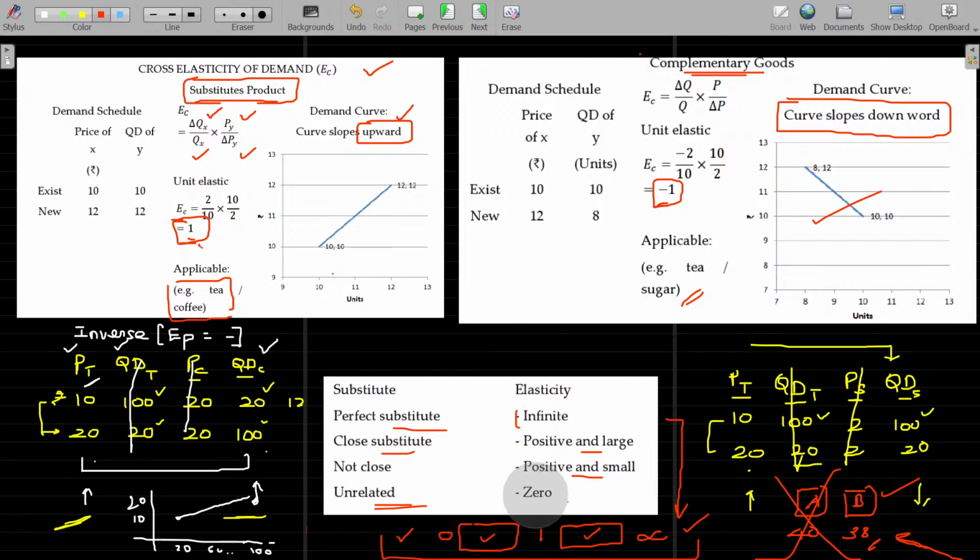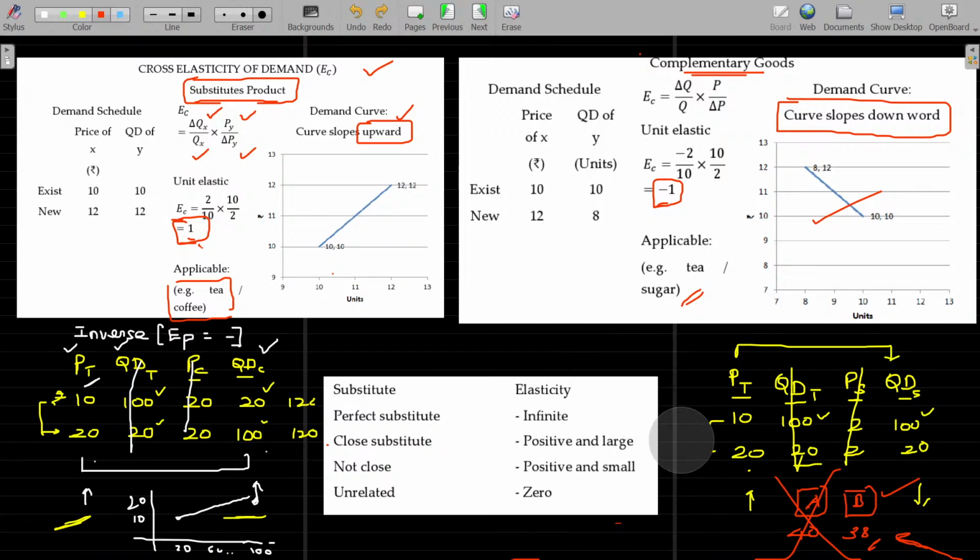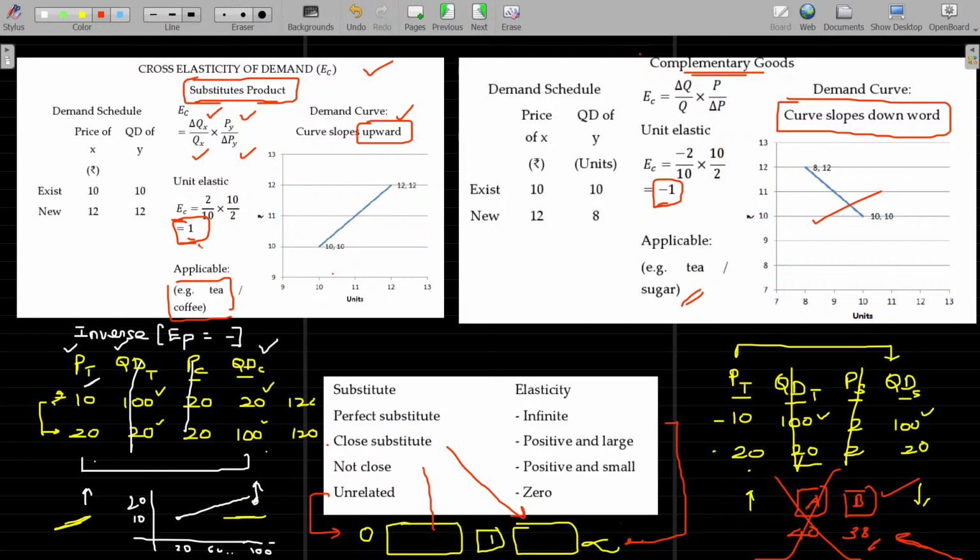The elasticity of demand with respect to the price of the other commodity could again be of 5 kinds: 0, infinite, 1, anywhere between 1 to infinite, and 0 to 1. 0 is all about unrelated, and perfect substitute is all about infinite. Close substitute will come here, and not close will fall in this case. Is that okay? Come on, make a note of it.